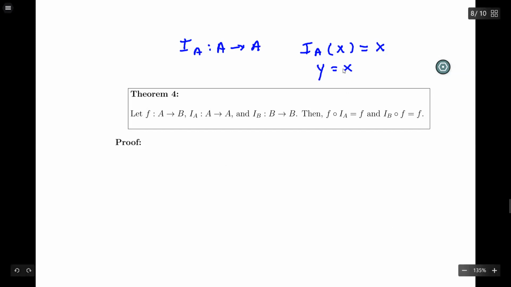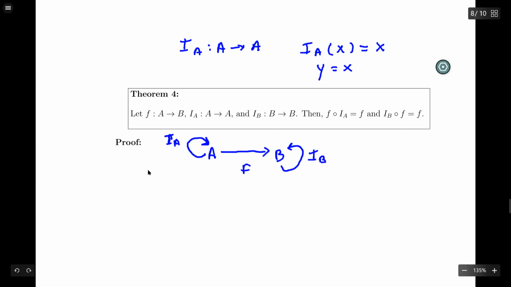We could draw it out too. If I have the sets A and B, I know the mapping from A to B is defined to be F. The mapping of A to A is just a mapping to itself. So I could draw like a little loop to show the mapping to itself, and I'll write I sub A. And then B, the same thing. The mapping from B to B is I sub B.